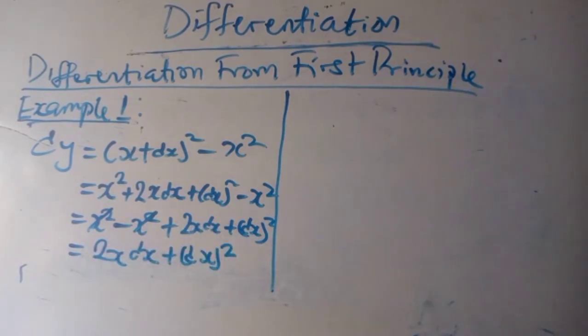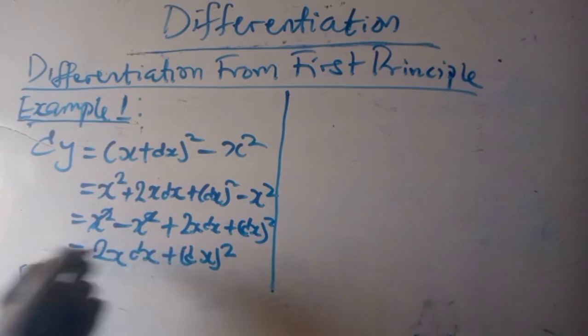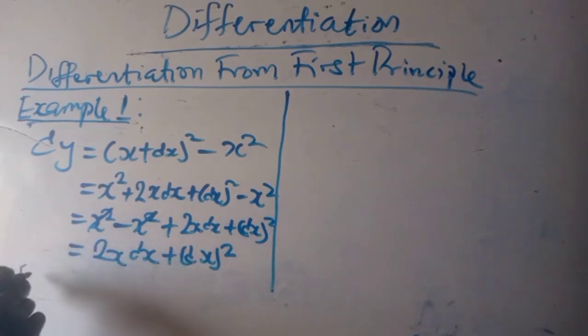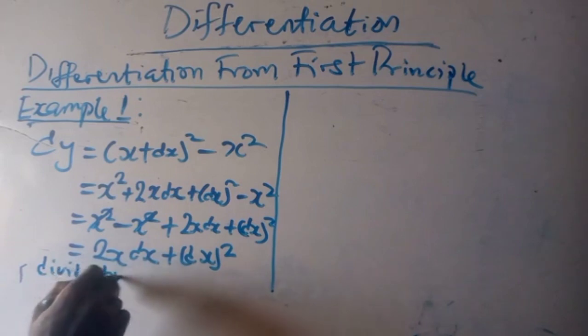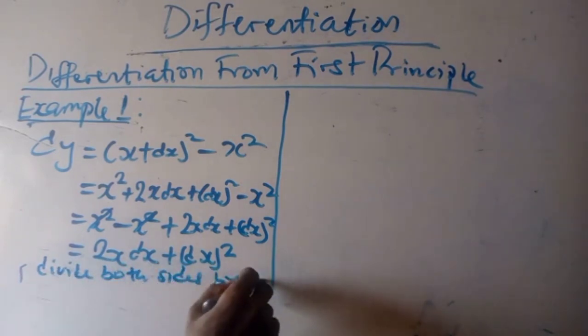So to get our dy/dx, we divide both sides by δx.